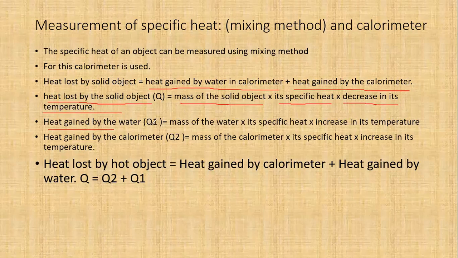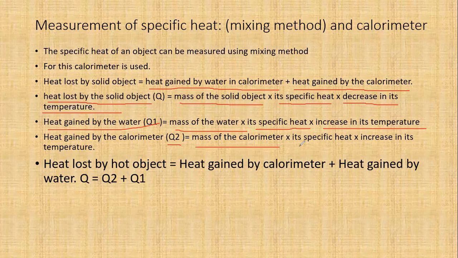Heat gained by the water, that is Q1, is the mass of the water multiplied by its specific heat and the increase in its temperature. Heat gained by the calorimeter, that is Q2, is the mass of the calorimeter multiplied by its specific heat and the increase in its temperature.